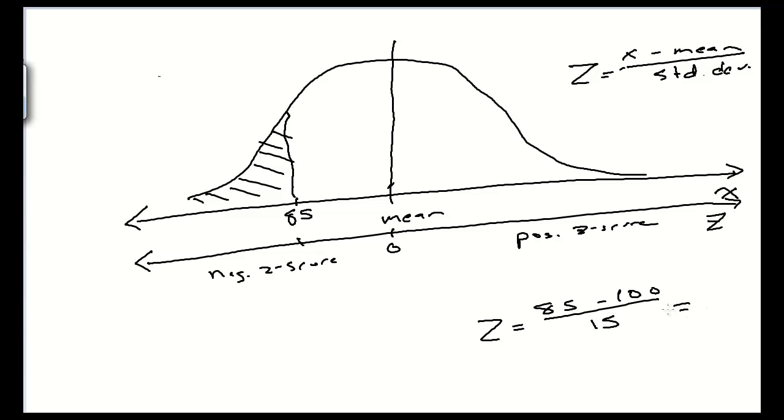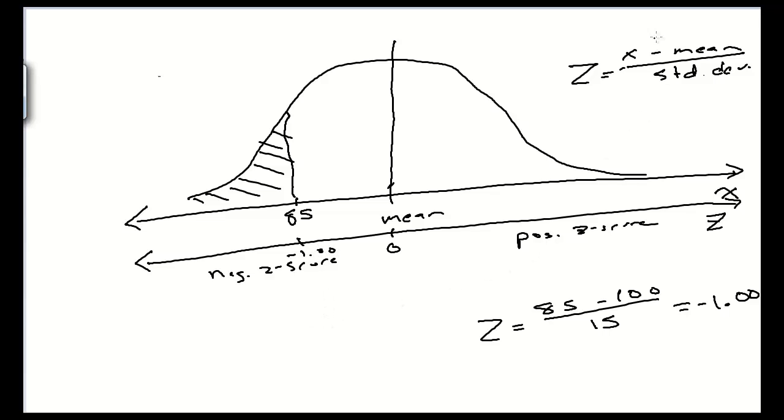Now keep in mind, I gave you that mean and that standard deviation. This is going to work out to be negative 15 over 15, so negative 1, and I'm going to write it as negative 1.00 because this is how my table works. So I have a z-score of negative 1.00.